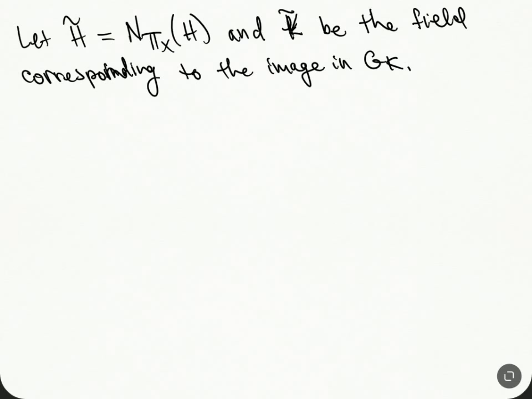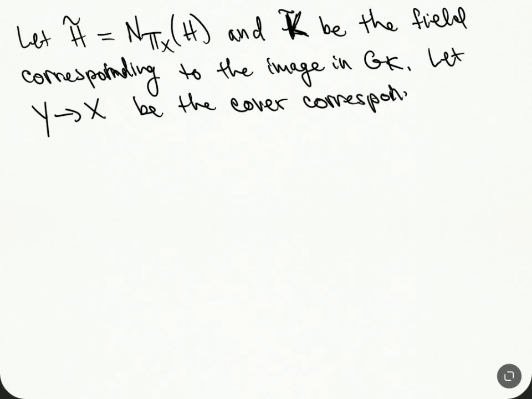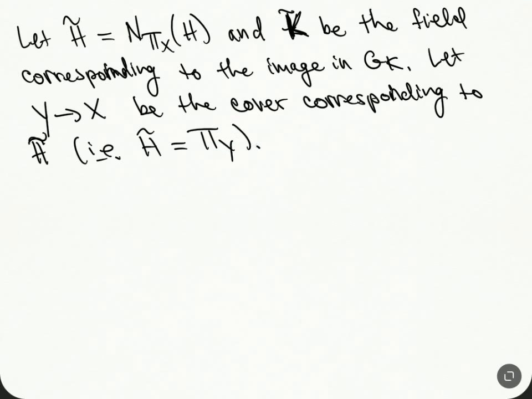Let's call this capital K tilde. Let's also fix some other notation: Y to X be the cover corresponding to H tilde. So in other words, H tilde is pi of Y. So this is this open subgroup.